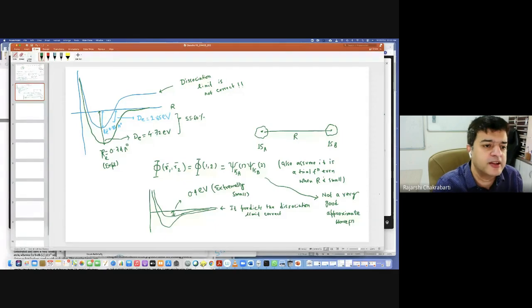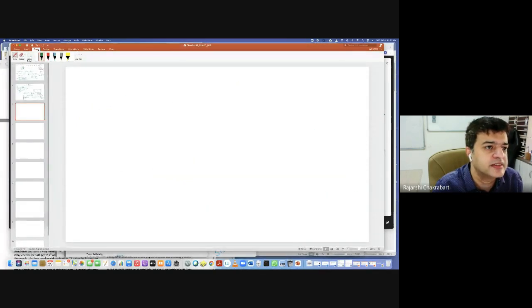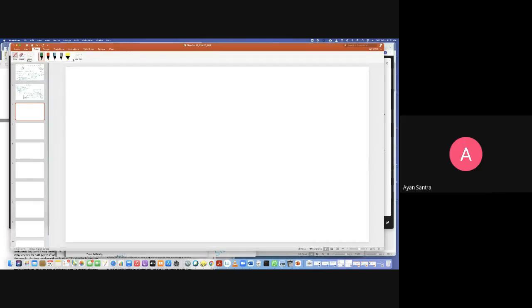How can you make it slightly better? Any suggestion? How can you make it better? A linear combination of the two assumptions we have taken.